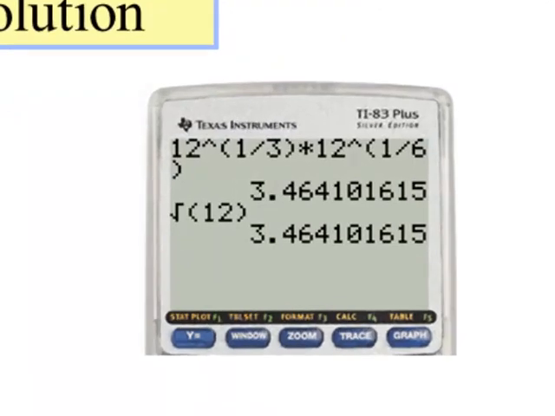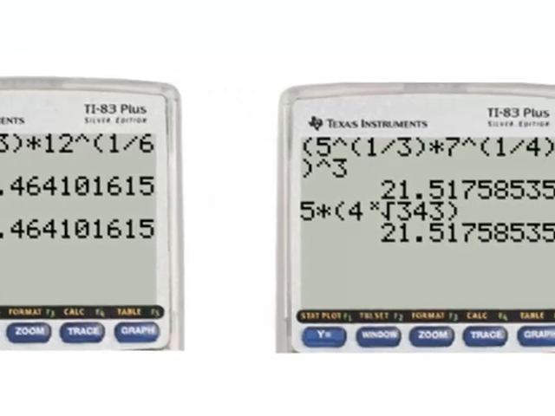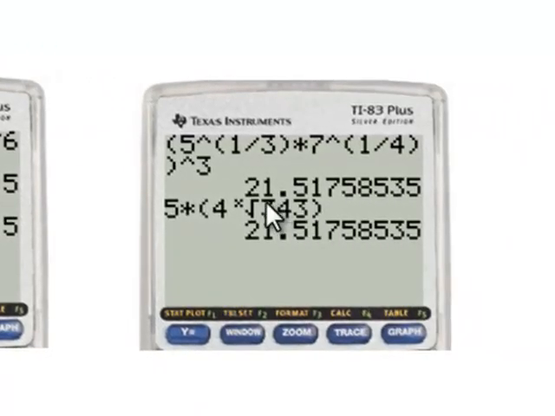Using the graphing calculator, if we carefully type in using parentheses, we see that the answer is 3.46 approximately, and the square root of 12 is the same number. It checks. Number 2, we get 21.52 approximately, and that is equal to 5 times the fourth root of 343.